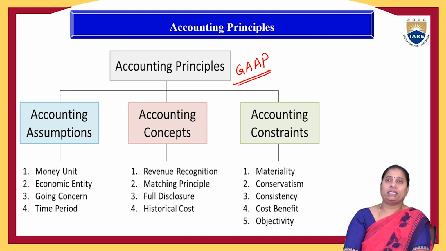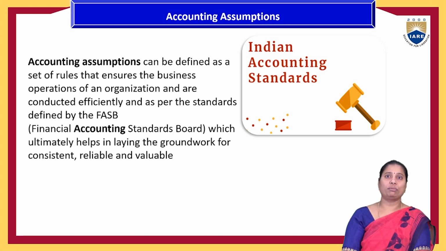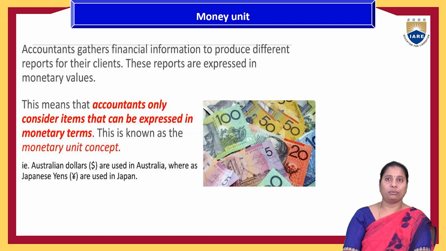Every accountant has to follow all these principles. First of all, accounting assumptions can be defined as a set of rules that ensures the business operations of an organization are conducted efficiently and as per the standards defined by the Financial Accounting Standards Board.